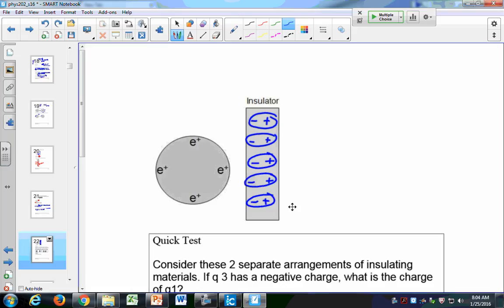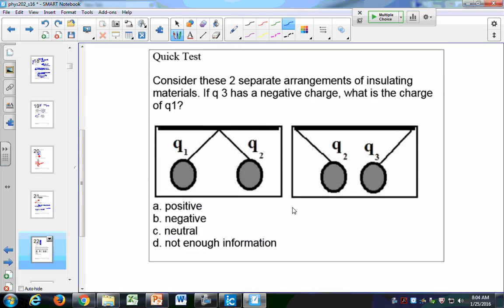One more question. Consider these 2 separate arrangements. What is the charge of Q1? It's very similar to what we had before.